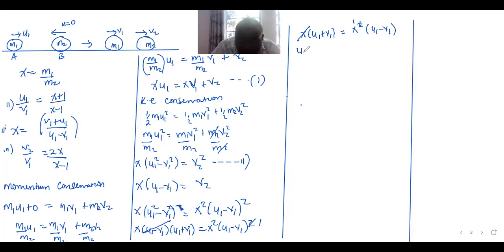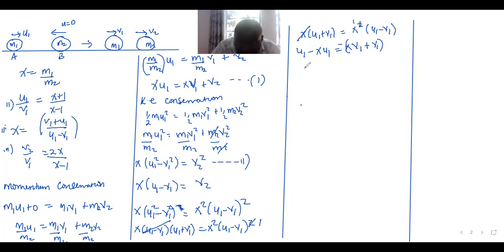So I'll have U1 minus X U1 is going to be equal to X V1 plus V1. But both of these are going to be negatives.